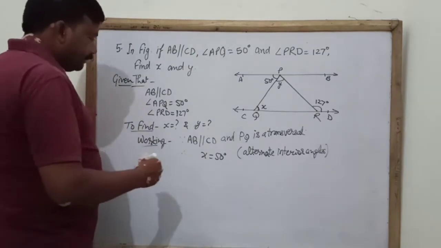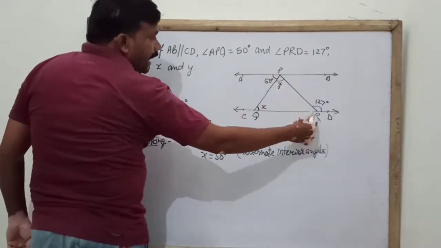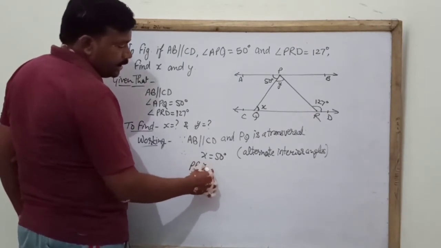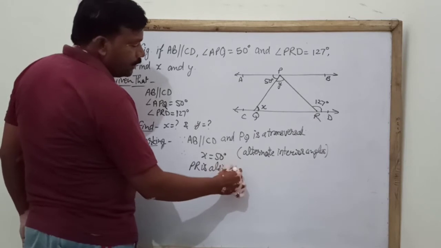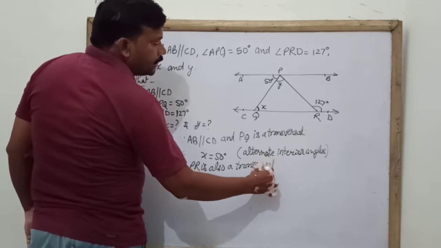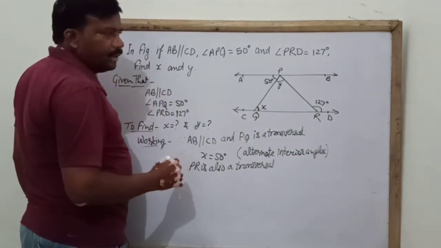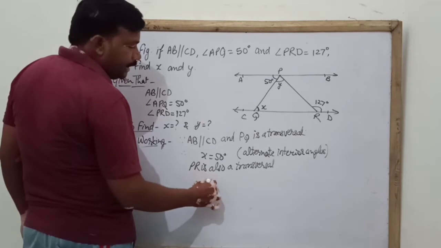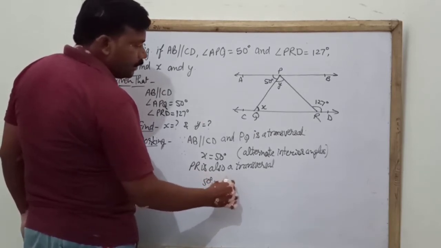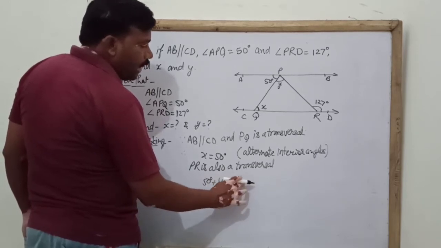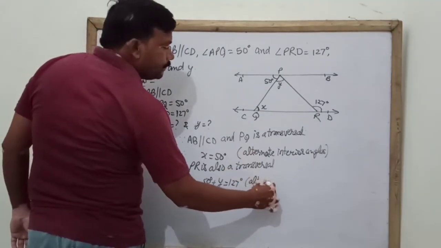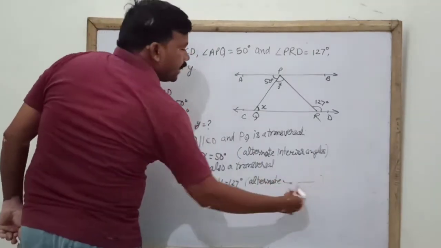Next one, PR is also a transversal. Then we can write 50 plus y equal 127. These two angles are also alternate interior angles.